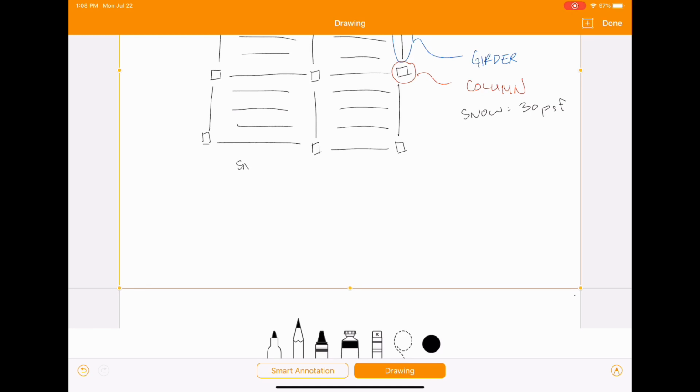So the snow is going to be supported by the metal decking. And then visualize the decking is then connected to the beams. So the metal decking is supported by the beams.